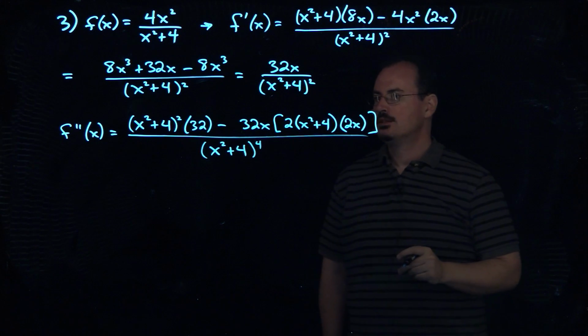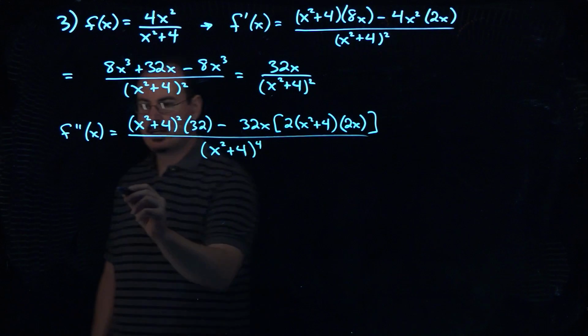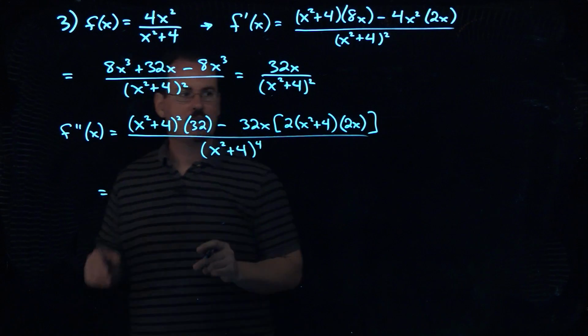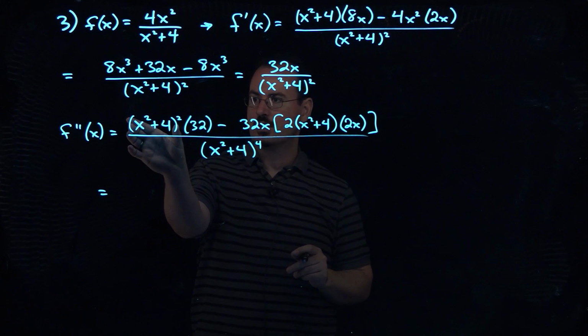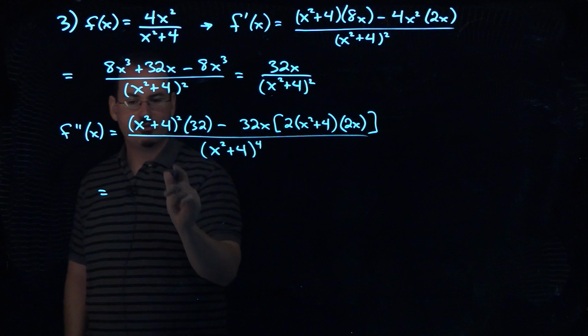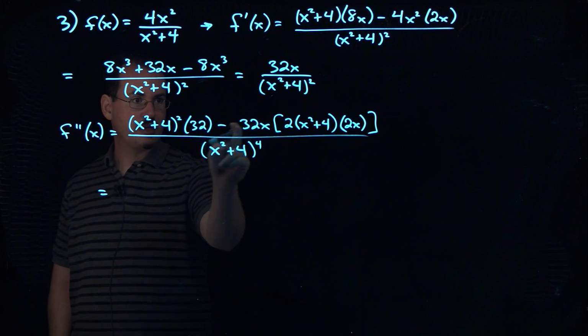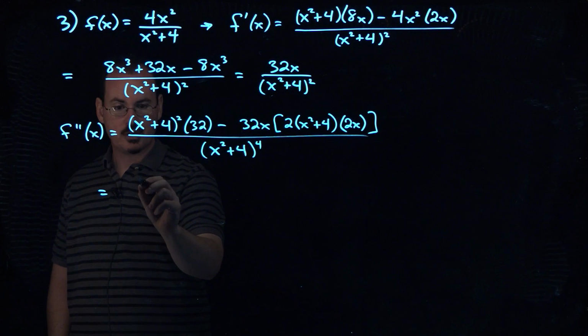Okay, so what we can notice to make this a little bit easier to simplify is that I've got a common term here. X squared plus 4 appears both here and here. There's only one of them here, there's two of them there. What I can do is factor out, in fact, let's go ahead and factor out the 32 as well, since that's common to both.